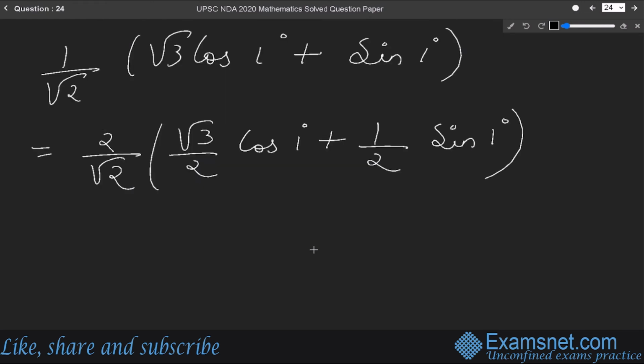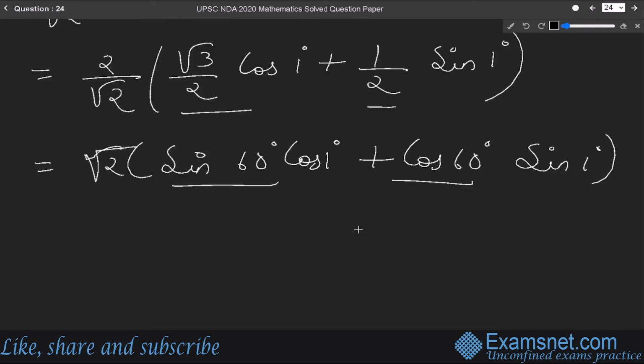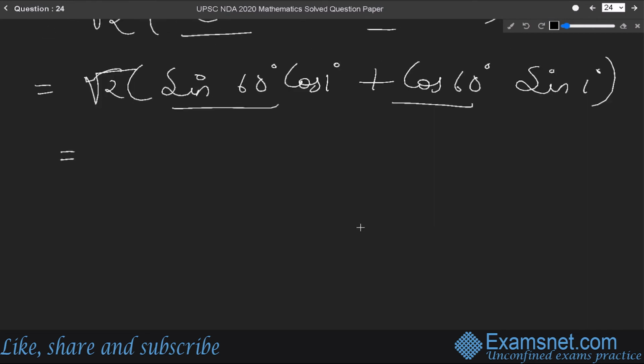So further solving this, it will be equal to root 2 sine 60 cos 1 plus cos 60 sine 1. See, again the value of cos 60 is 1 by 2 and the value of sine 60 is root 3 by 2. So we have just replaced the values. So further it will be root 2 sine 61. Let this be equation number 2.